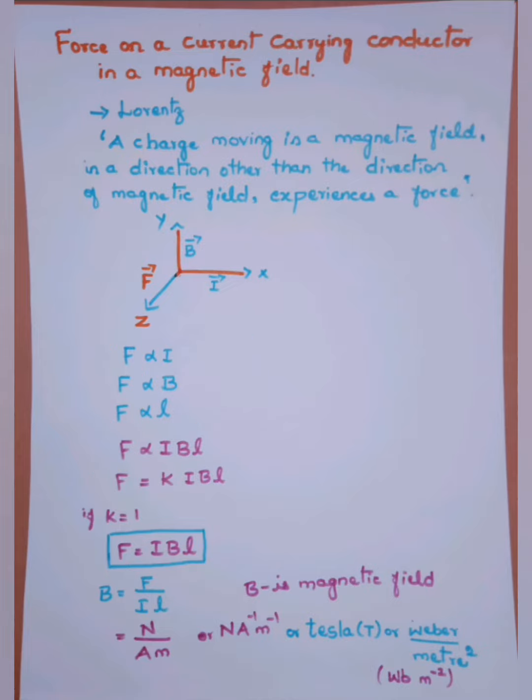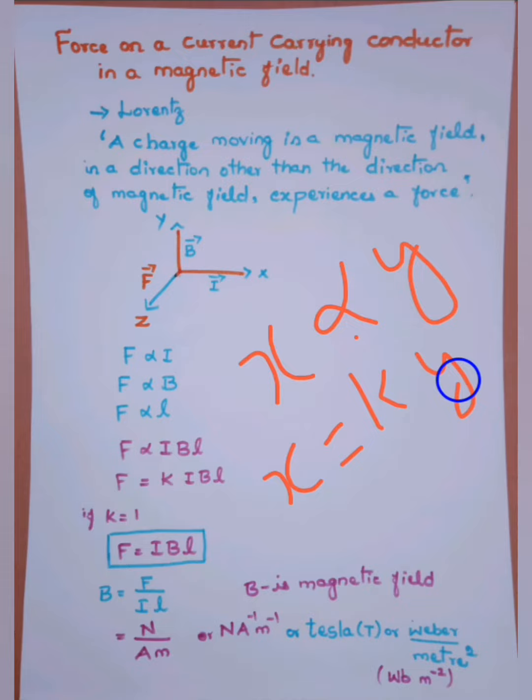Whenever we remove this proportionality sign, we have to put a constant. Suppose we take x proportional to y. I want to remove this proportionality, so I have to put a constant term, x is equal to k into y, where this k is constant.